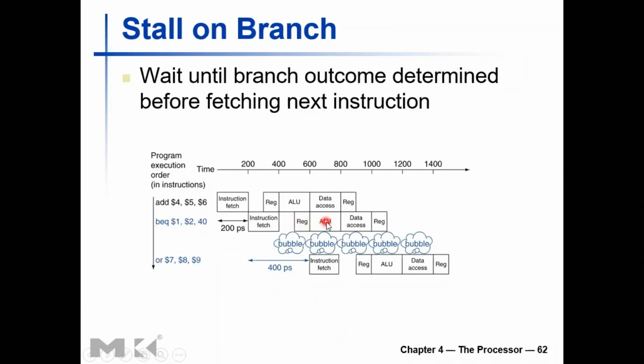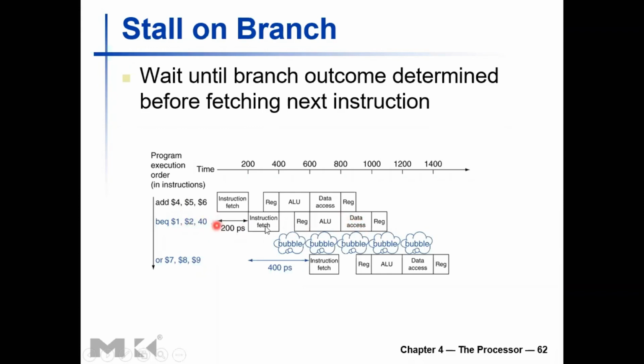The ALU is used to do the computation there to subtract 2 from 1 and generate the result. Based on that, we can update the program counter with the desired value, either PC plus 4 or PC plus 4 and 40.